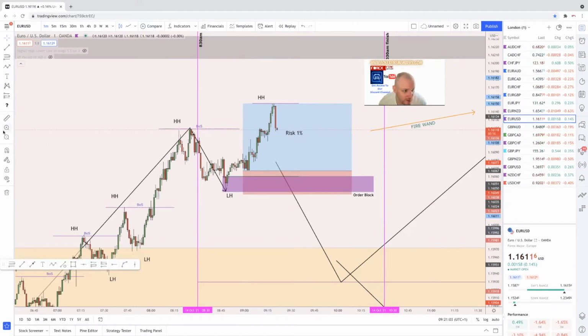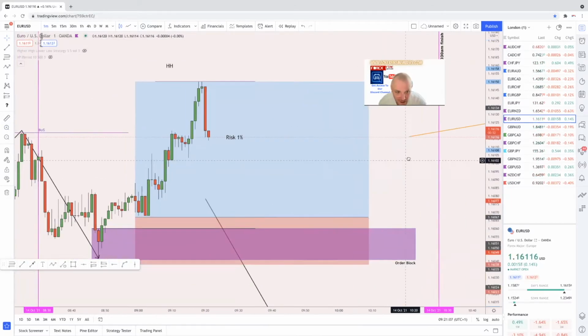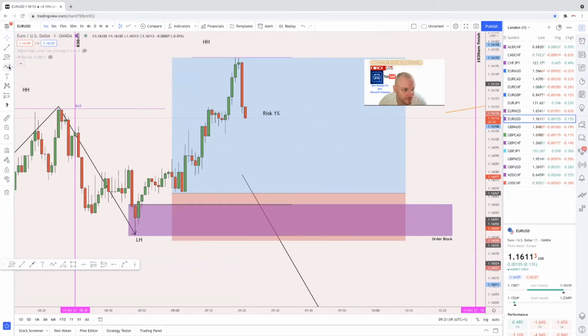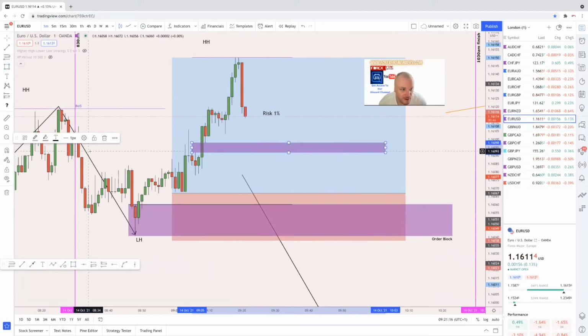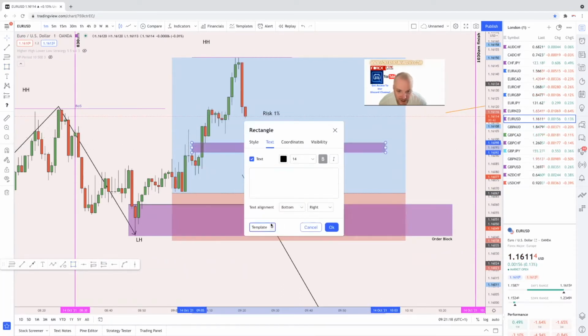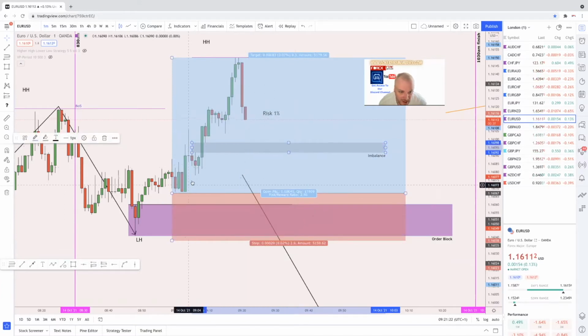Again, we always talk about imbalancing areas, things like that. Let's just see if we can see any footprints. Again, wick to this wick. That's an imbalance area there. So we'll see if this is going to get respected.